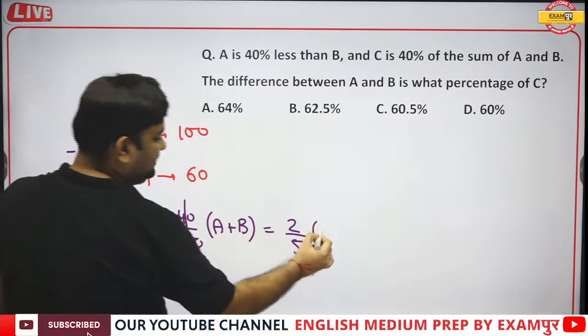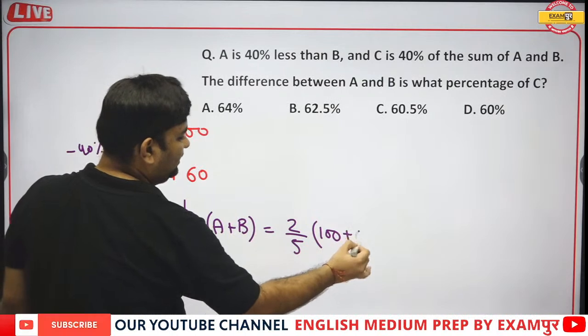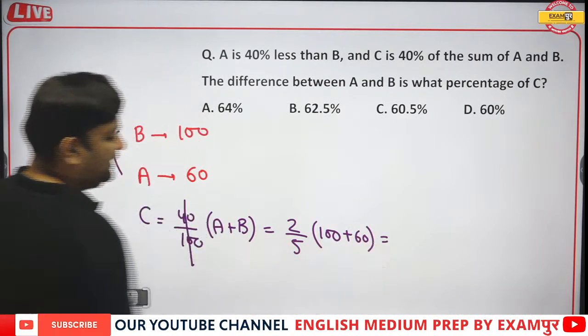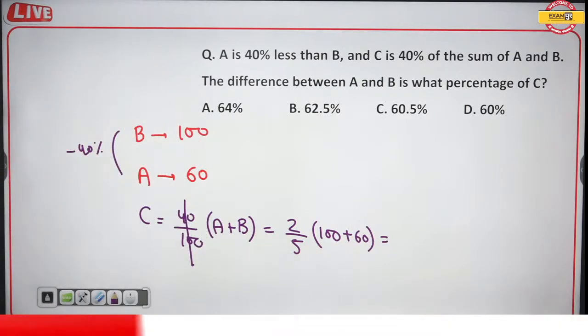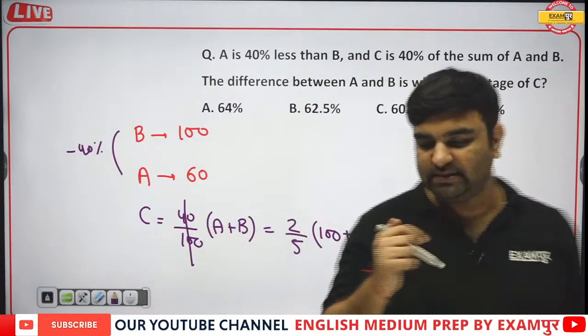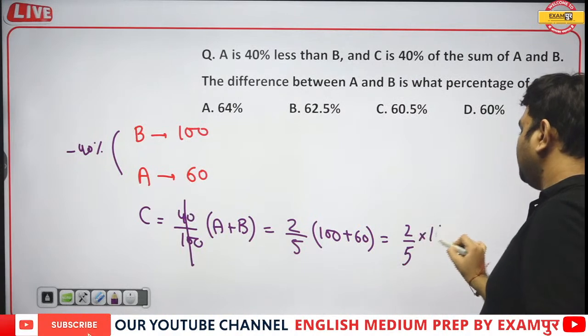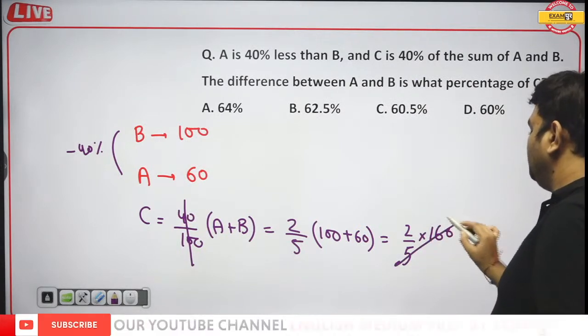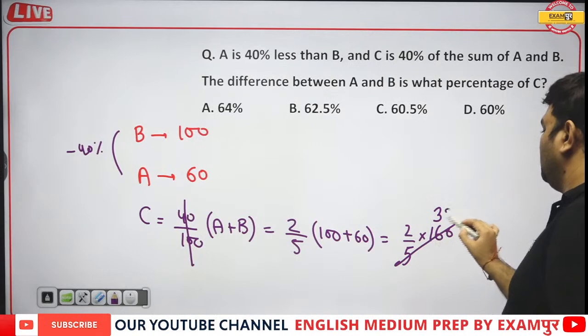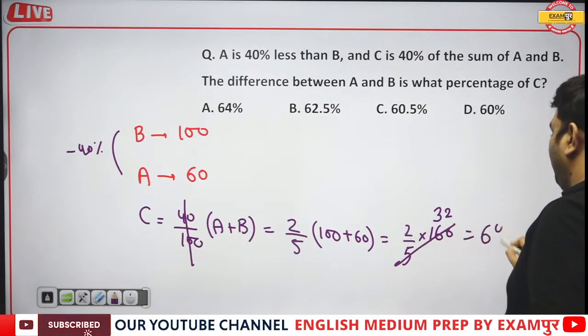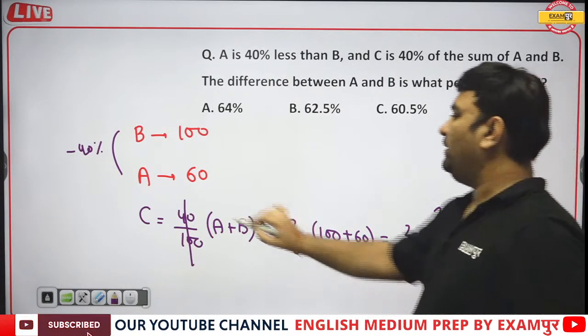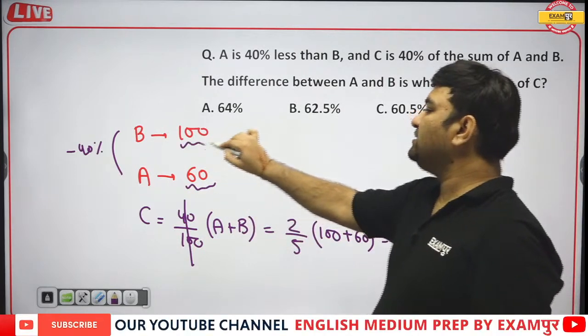It's 160. Let me write it systematically. 2 by 5 of 160, that is 64. C is known, A is known, B is known.